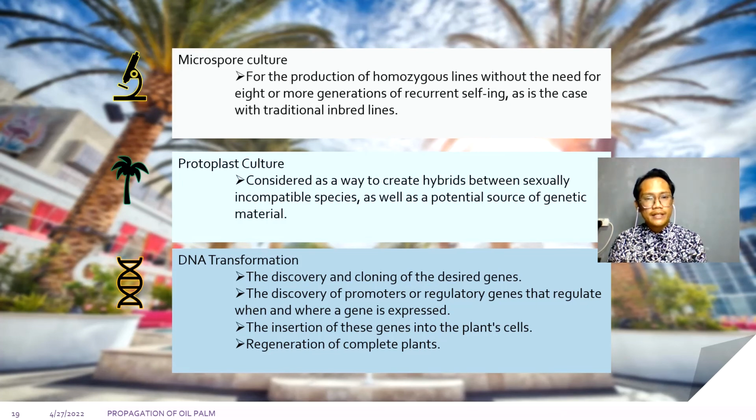Protoplast culture is considered a way to create hybrids between sexually incompatible species as well as a potential source of genetic material. And last but not least, DNA transformation is for the discovery and cloning of the desired gene, besides the discovery of promoter and regulator genes that regulate when and where the gene is expressed, and also the regeneration of complete plants.